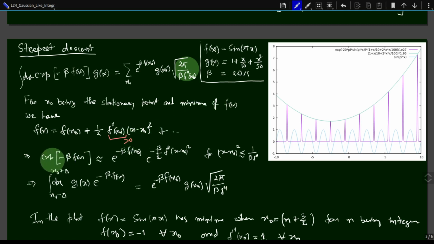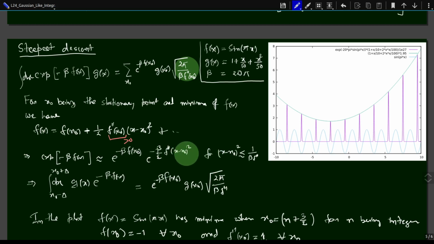Now if I write exponential minus beta of f of x, then I can write exponential minus beta of f of x naught, and the next piece will be exponential minus beta by 2 times the second derivative of f at x naught, times (x minus x naught) squared.